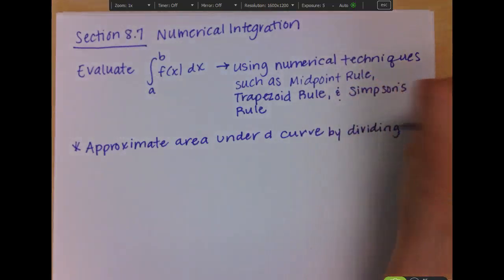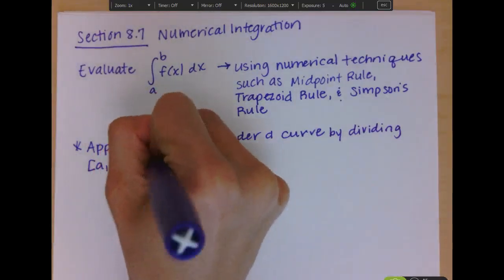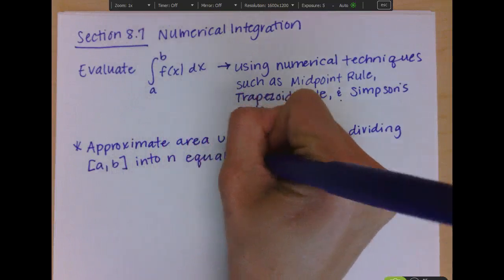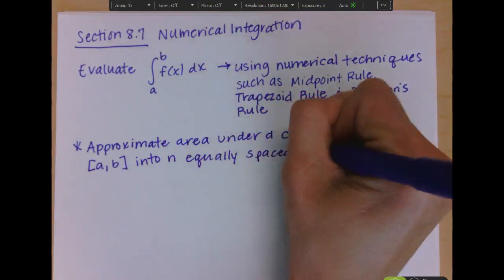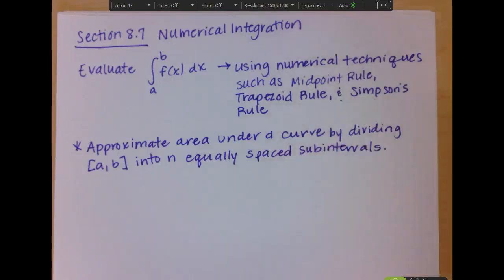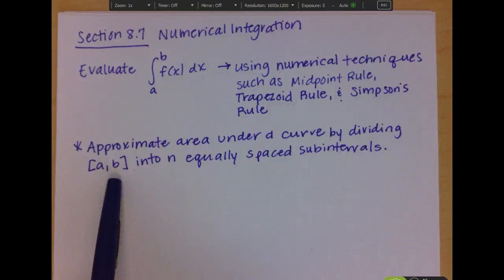We're going to approximate the area under the curve by dividing our given interval from A to B into n equally spaced subintervals. Once we've created these equally spaced subintervals over our entire interval from A to B, we'll divide that area up into either rectangular areas or trapezoidal areas.